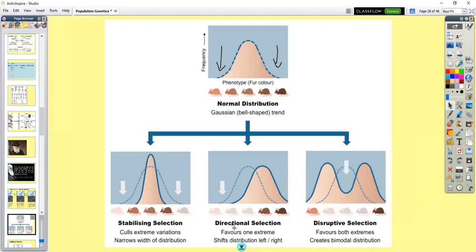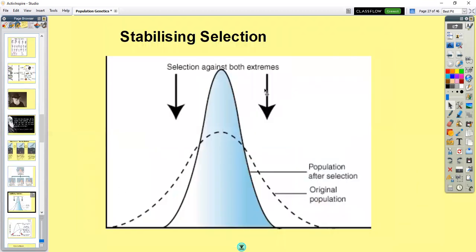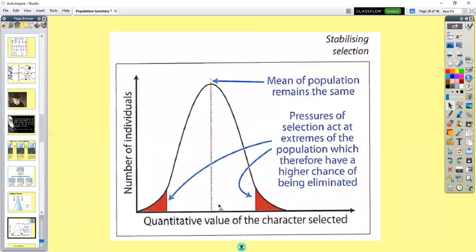Directional selection is the other one you need to know about. That's where there's selection pressure at one of the sides or one of the extremes, and it causes generally your graph to shift. Could be to the left, in this case to the right, so the darker color of mice, similar to that last example. So there's your stabilizing selection, pressure at the extremes, and your variation becomes narrower, as you can see here.